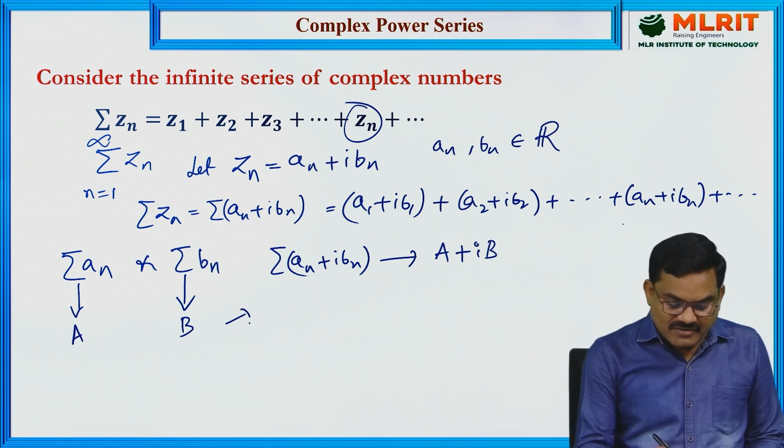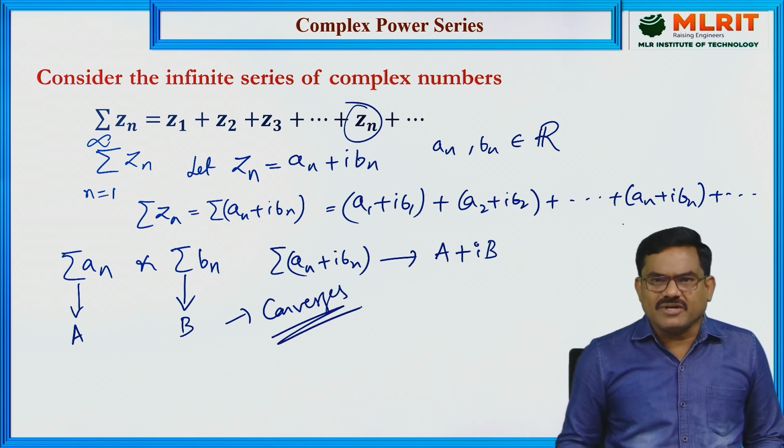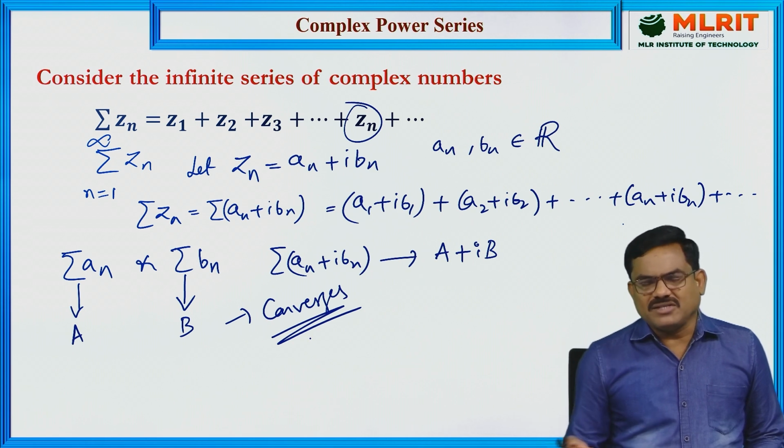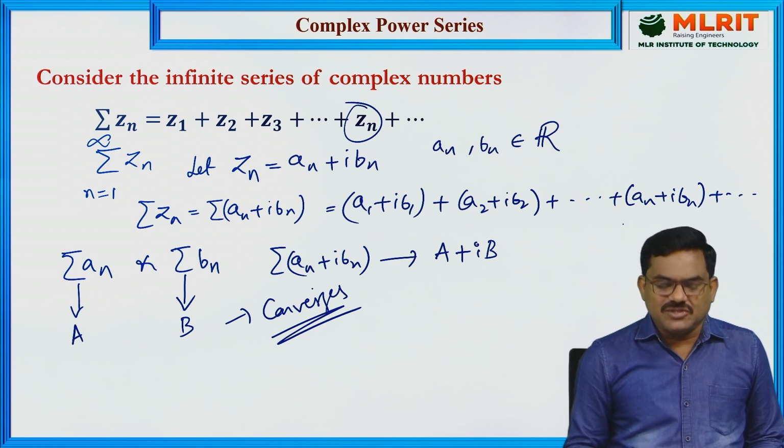And what is this convergence? A series is said to be convergent if there exists a limit, a unique limit. Divergence means it tends to infinity, either plus infinity or minus infinity. So, a series is said to be convergent if the limit exists and it is unique.